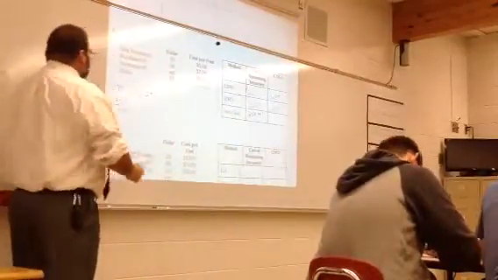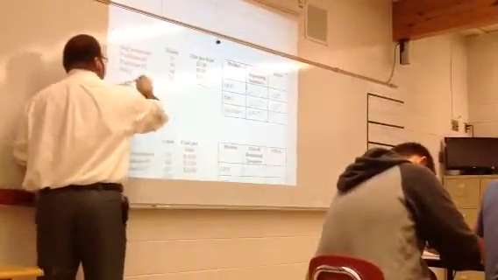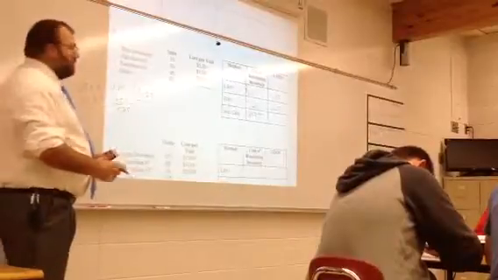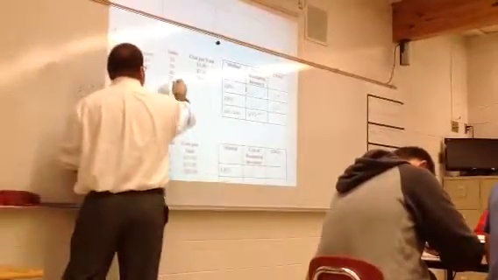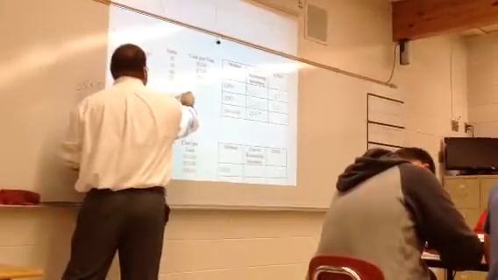And then using the average cost, again, this is our average cost, right? Multiply that by the number of sales units, units sold.